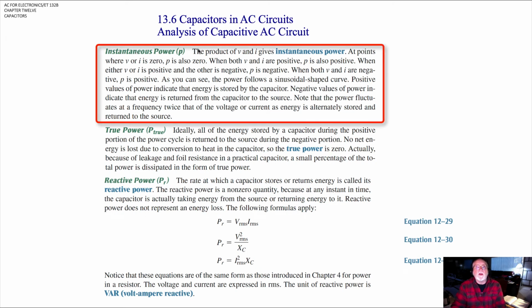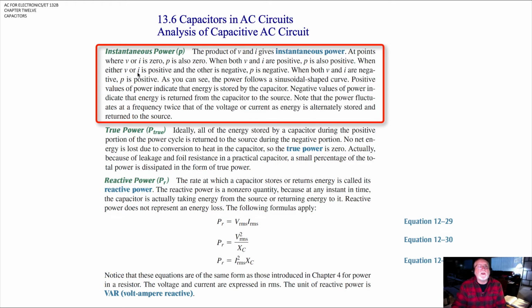reactive power. The product of little v and little i, our sub t values, gives us the instantaneous power. At points where v or i is 0, makes sense, power is equal to 0 because power is v times i. When both v and i are positive, the power is also positive.